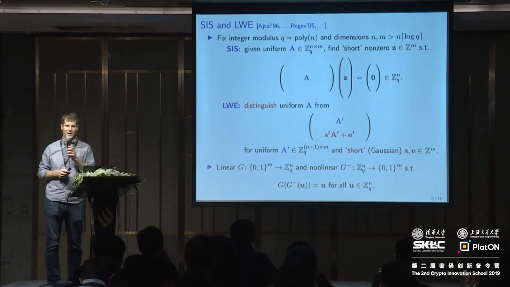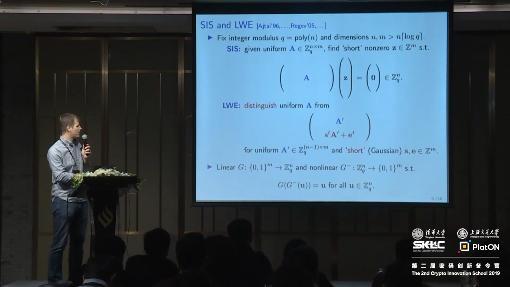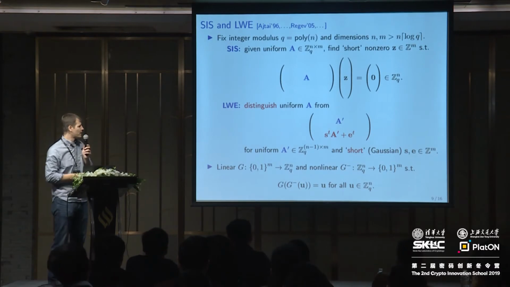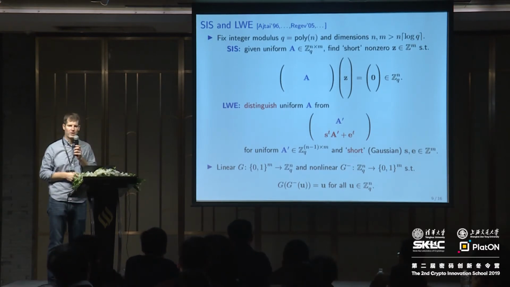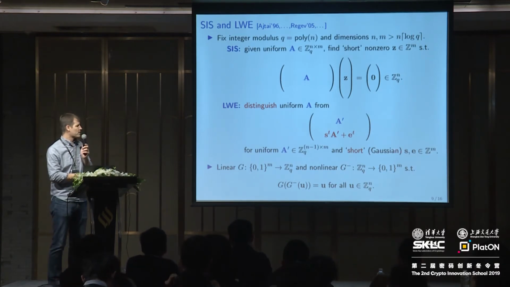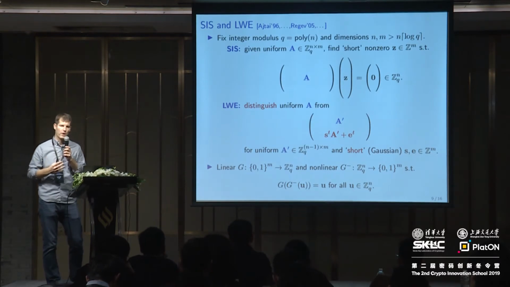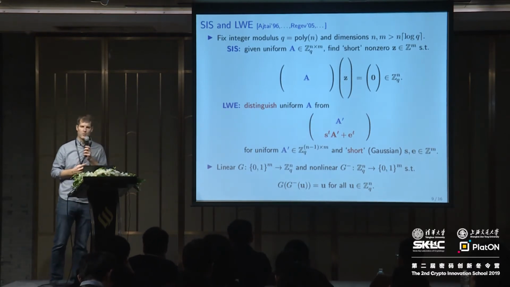Yes. Okay. Good catch. So I've said here that both the errors are short and the secret S is short. And I think in all our treatment of LWE so far, we have not mentioned that the secret S can also be drawn from the error distribution. So it's short as well, with no loss in security of the problem.